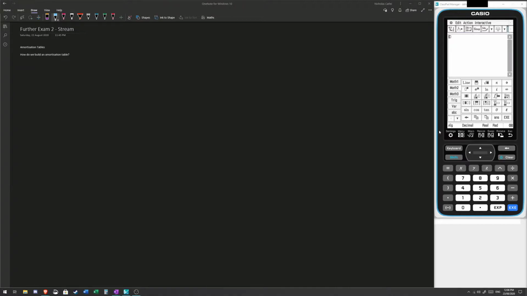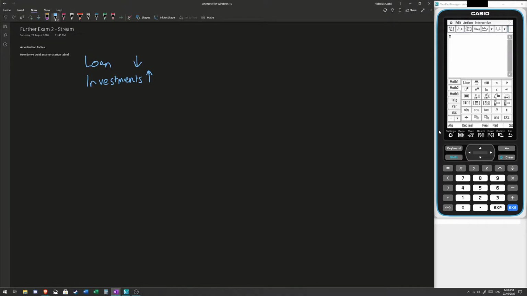With loan amortization tables, we want the values to be getting smaller, our balance to be getting smaller, because we want to pay off that loan as quickly as possible. With investments, we want our values to be getting larger. Investments are like putting money into your bank account, investing in real estate, investing in shares. Loans are a loan for a car, house, anything like that.